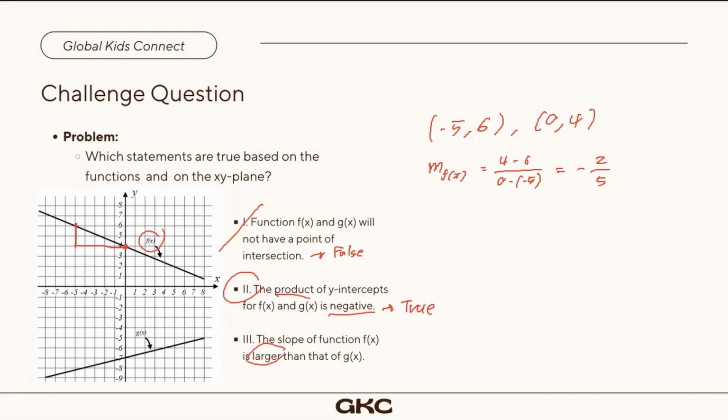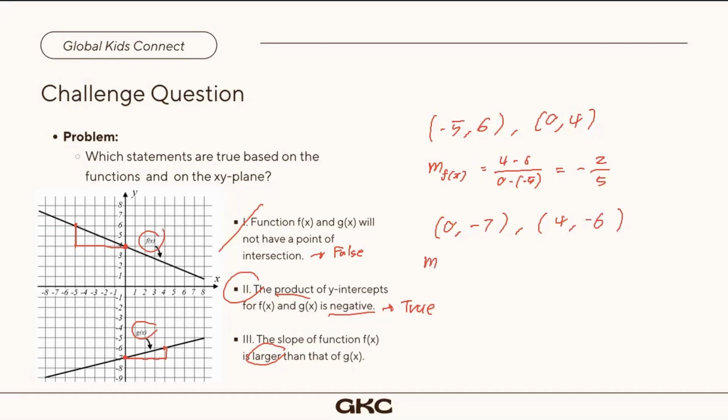We can do the same thing for the graph of g of x here. First point will be when x is equal to 0. The next point is when there's an intersection right here. And so we can use these 2 points to find the slope for g of x. For g of x, the points are 0, comma -7. And then the second point is 4, comma -6.